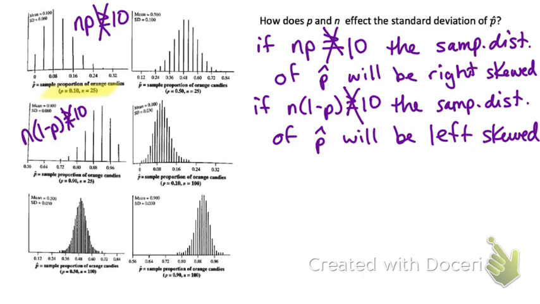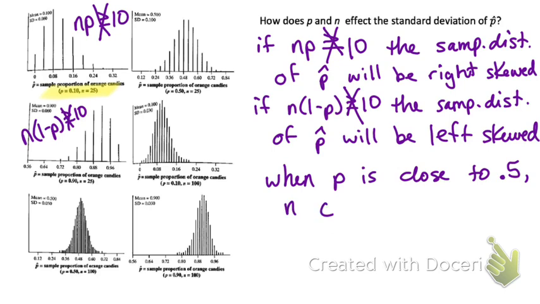Basically, as P gets closer to 0.5, your sample size can be a little lower. But if P is out on the edges, you need a higher sample size. So when P is close to 0.5, N can be smaller.